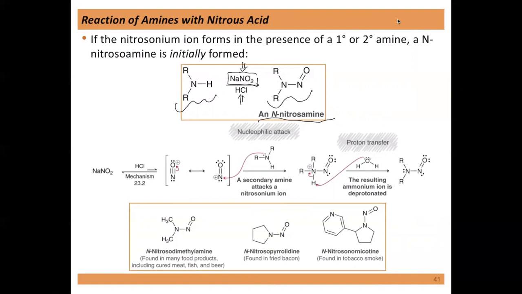And these N-nitrosamines are known to be carcinogenic. So we'll look at some of those examples in just a second, but let's look at the mechanism.